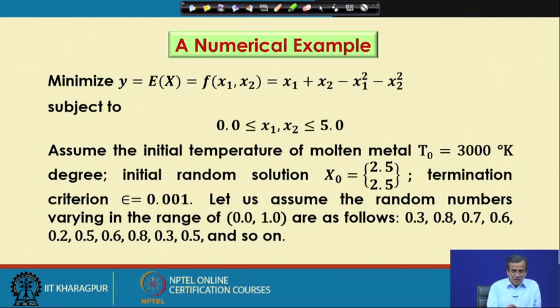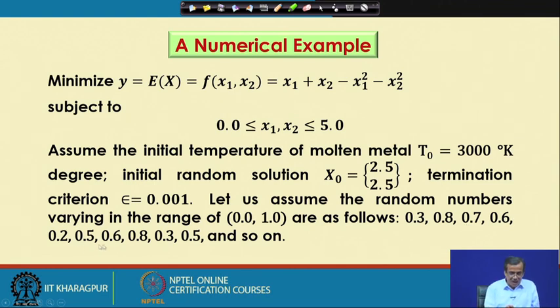So, what we do is we assume the initial temperature of molten metal, say T0, say 3000 degrees Kelvin, and initial random solution we can select lying within this range, that is X0 is (2.5, 2.5), that is small x1 equals 2.5 and small x2 equals 2.5, and this is the random initial solution, and the termination criterion epsilon is 0.001, and let us assume that the random numbers varying in the range of 0 to 1 are as follows, like 0.3, 0.8.